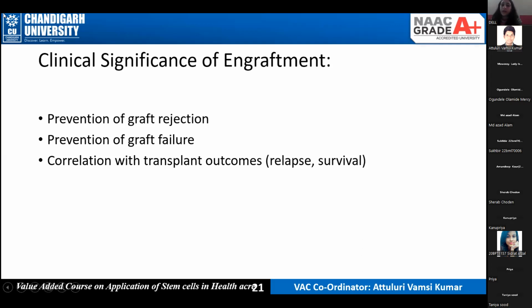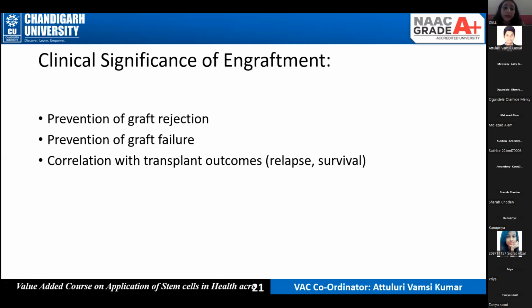In prevention of graft rejection, the recipient immune system recognizes the donor cells as foreign particles, and generates an immune response against them.